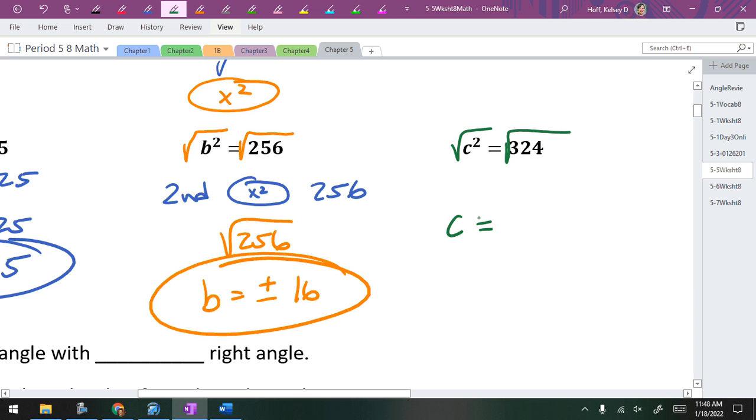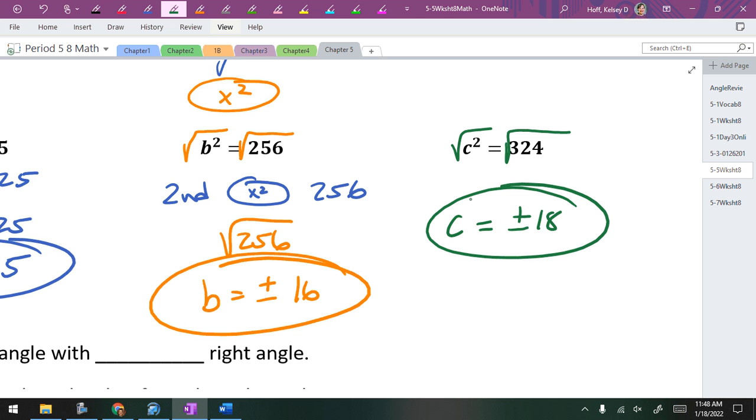C could be, careful, positive or negative 18. Positive or negative 18. Okay? You want to be able to do this on your calculator accurately because the last thing you want to do is lose points because you can't type it into a calculator, correct? You know what you're doing? Now, that's the square root. That's like going backwards and discovering what I had to multiply to get 324.